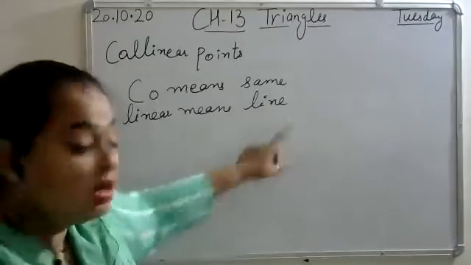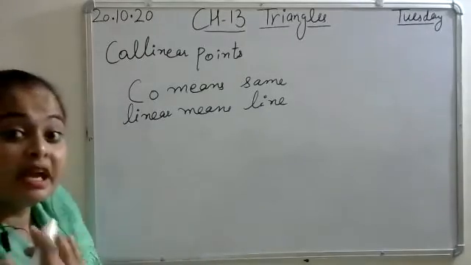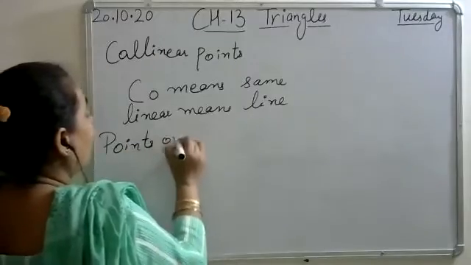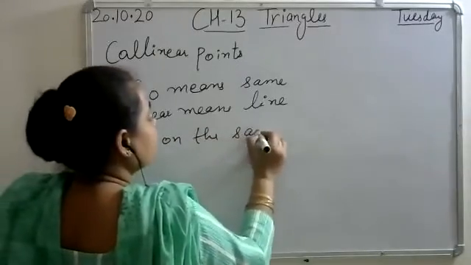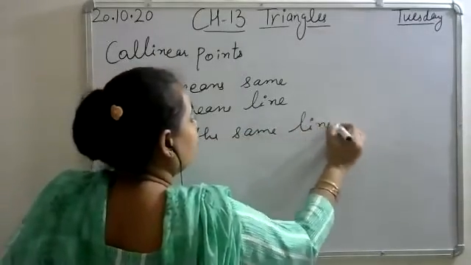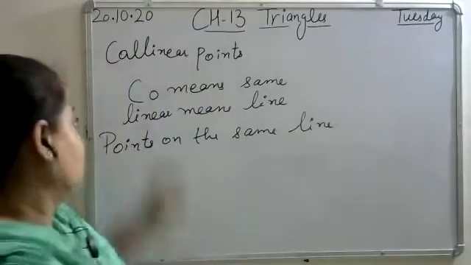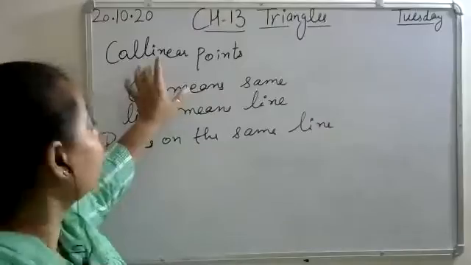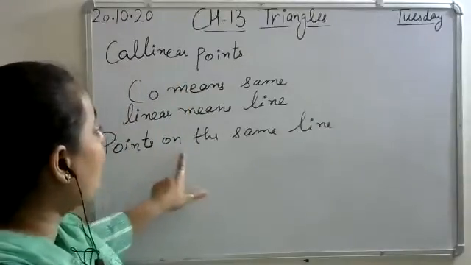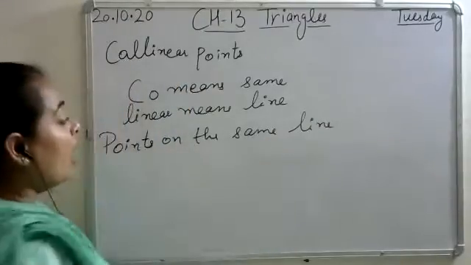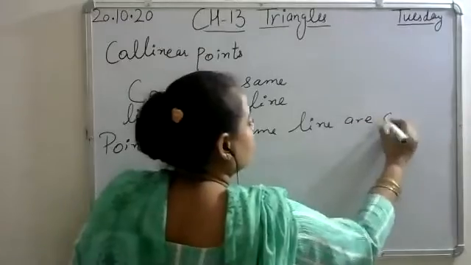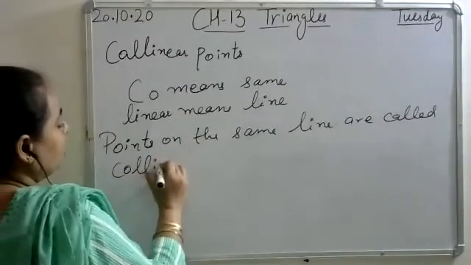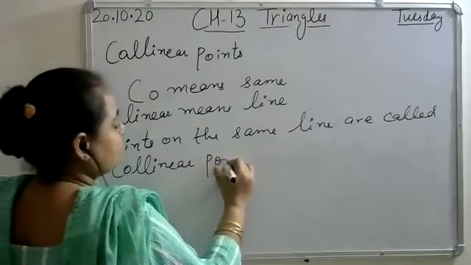It means points on the same line. According to the definition of collinear, we have the same line. So points on the same line are called collinear points.